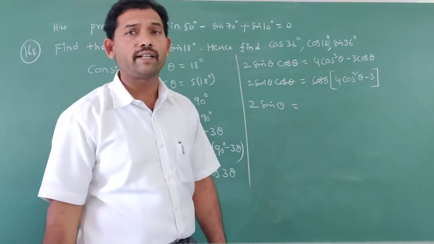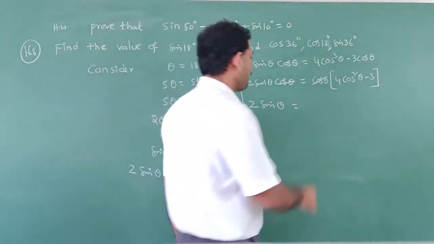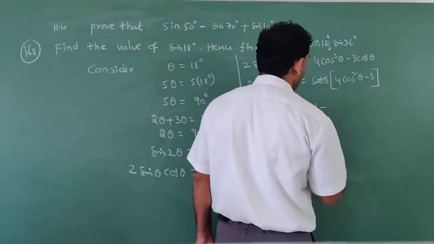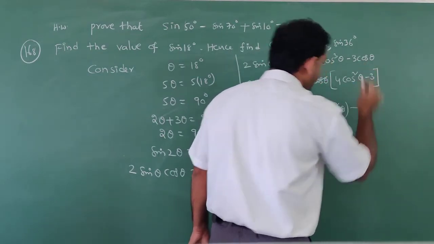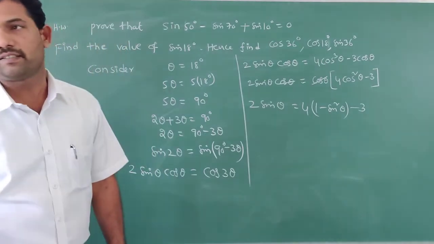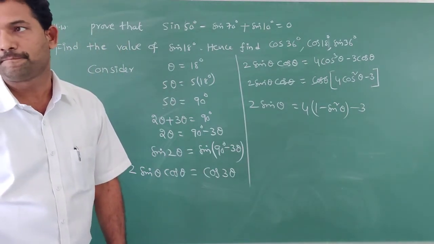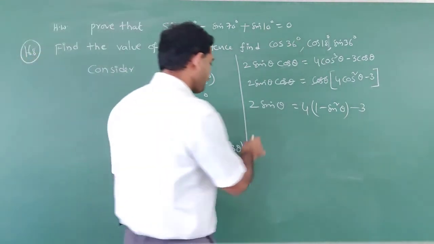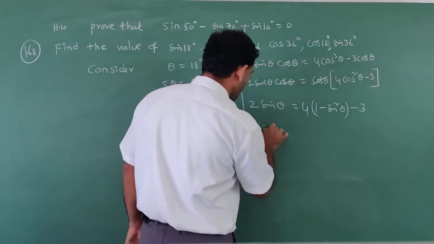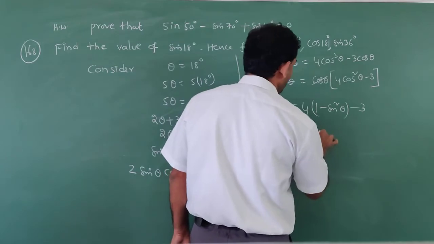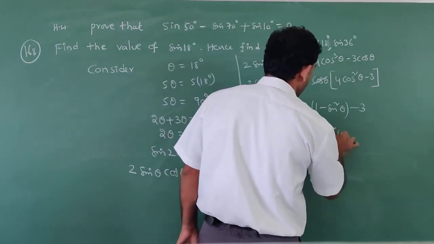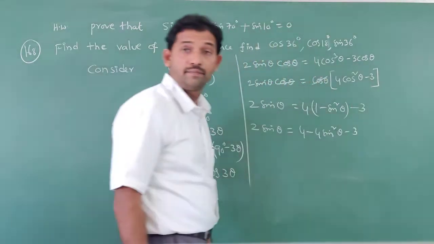After that, 2 sin theta equals 4 cos square theta minus 3. So cos square theta can be written as 1 minus sin square theta; we have to take minus 3. Understand? So now 2 sin theta equals 4 minus 4 sin square theta minus 3.